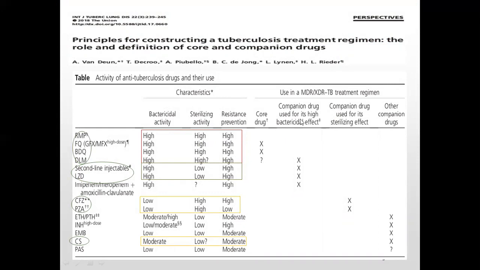Okay, next. We also have the companion drug. We give the companion drug to avert treatment failure due to acquired drug resistance against the core drug. For example, this is common with fluoroquinolones because they are already widely used.